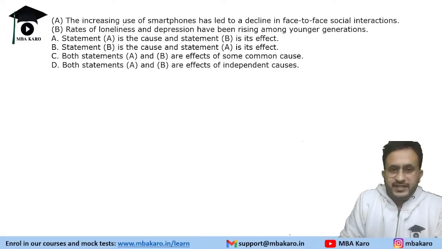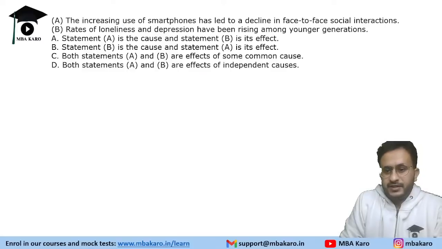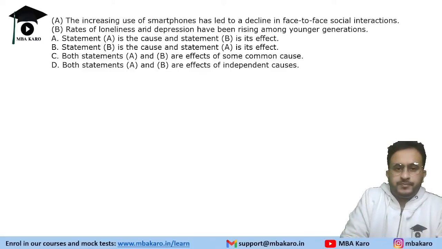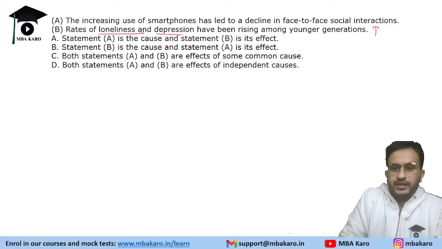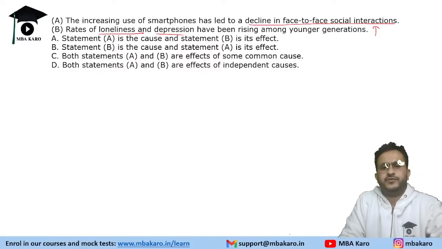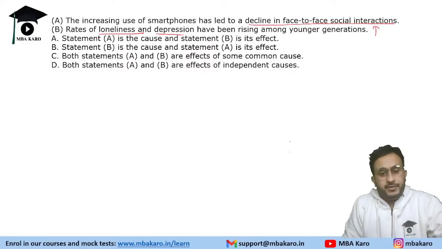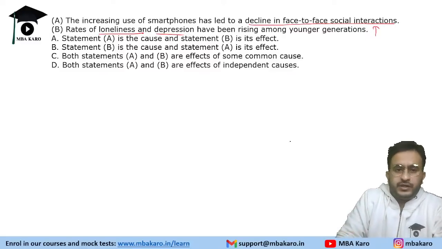Rates of loneliness and depression have been rising among young generations. So loneliness and depression are rising, and why is it happening? Because of the decline in face-to-face social interaction. If social interactions are less, people are feeling more lonely. So A is the cause and B is its effect.